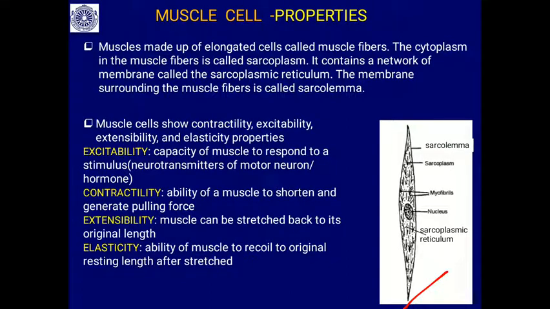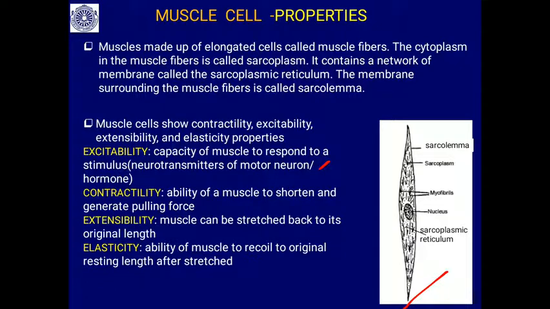What are these specialized properties? What you see in the muscle is that muscle cells show contractility, they can contract, and excitability. Excitability means response to a stimulus. Then extensibility and elasticity properties. Excitability is the capacity of muscle to respond to a stimulus, as you have seen in the case of neurons also. What are the stimuli here?